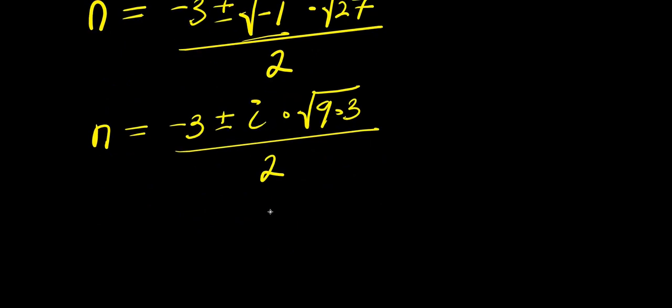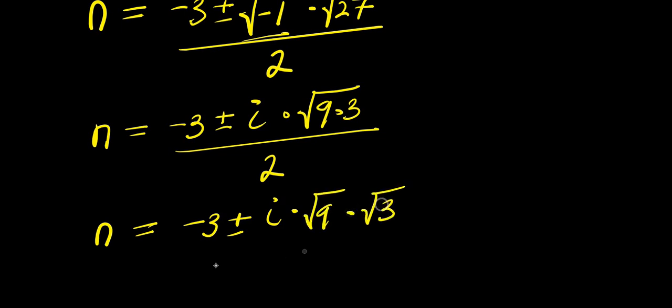And from here, I will simply have n equals negative 3 plus or minus i times, this is square root of 9 times square root of 3, divided by 2.